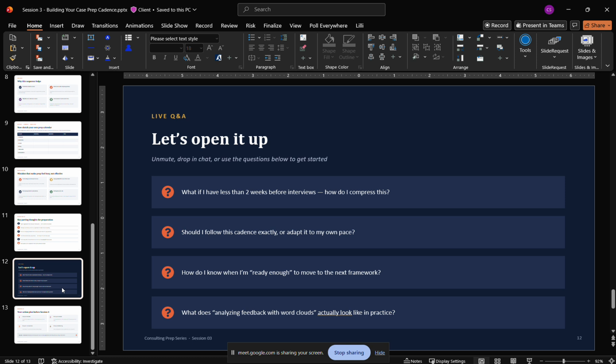Yeah, yeah. You should always start with a guesstimate if you've never done any guesstimates, right? Otherwise, the market entry cases will start feeling very overwhelming when you reach them. So you should practice some guesstimates. You can run guesstimates and profitability in parallel to some extent because profitability is lesser on numbers. It's more about building the basics, right? And profitability cases are also fairly straightforward compared to the rest of the frameworks.